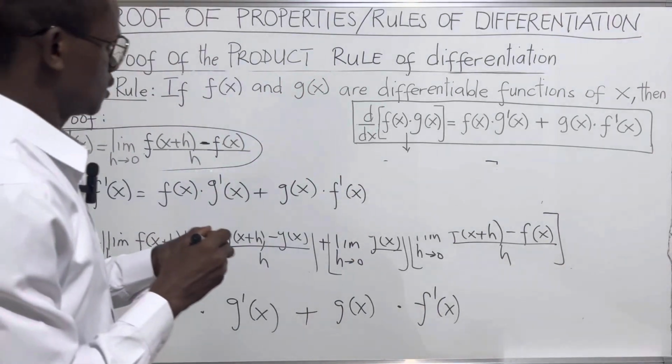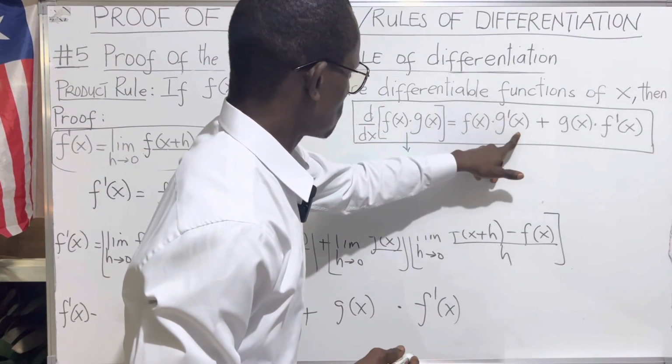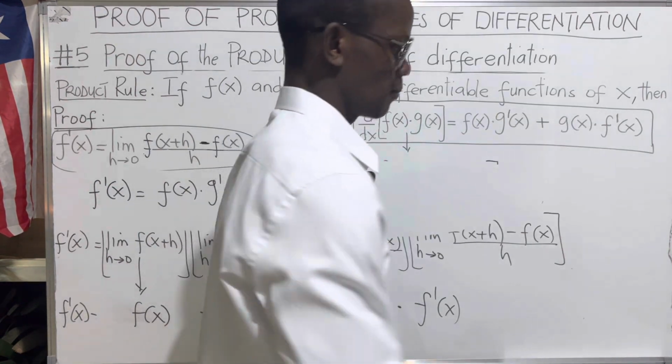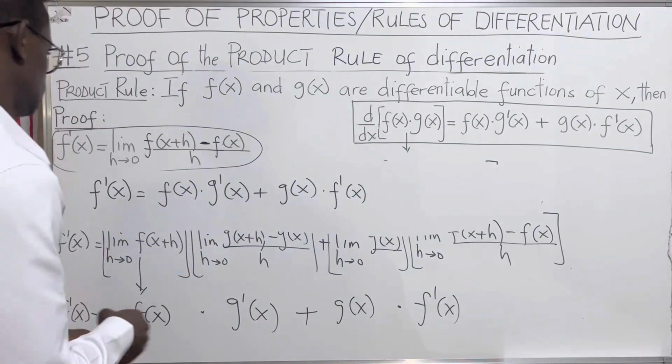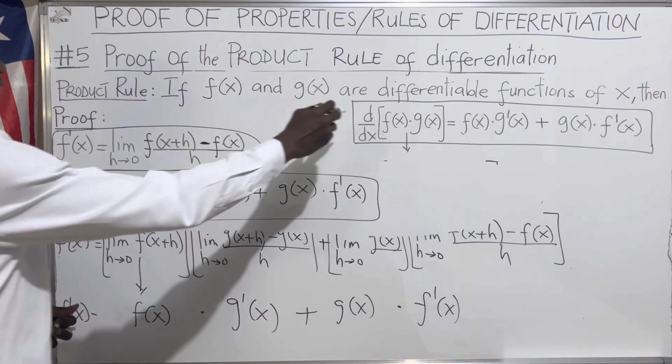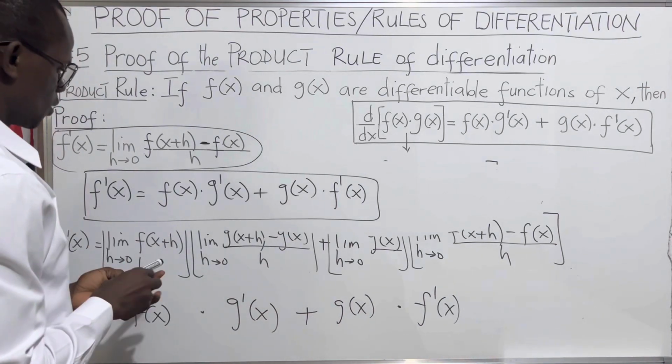So you see, f of x times g prime of x plus g of x times f prime of x. So this is the proof of this particular property or rule.